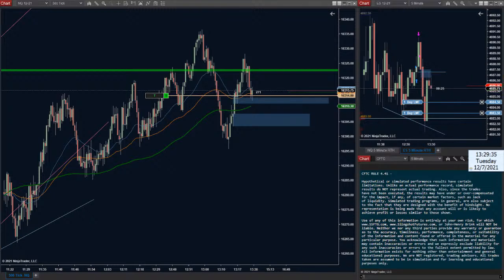First objective off on that quick little pop on the NASDAQ, but we're bouncing out of that area for a quick little snap if they want to get it going. 20 seconds left on the 5-minute bar. Come on, NASDAQ. Jeez. Let's go.